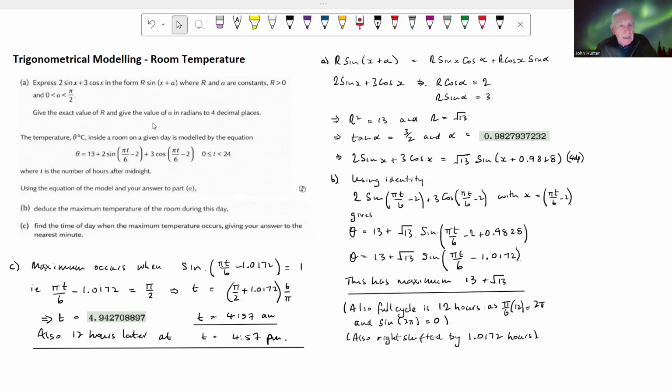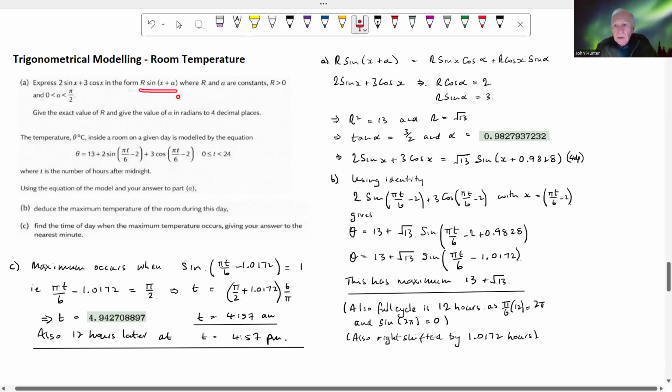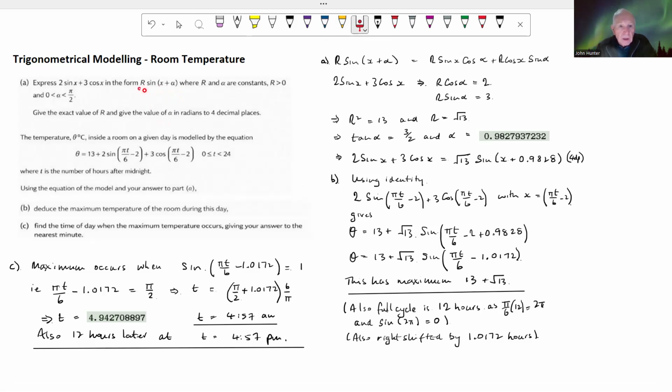It's a nice snappy title, but it doesn't give an impression of what we're doing, which is basically using the two-angle identity to express our function in this form, which of course is a shifted horizontally and stretched vertically sine function.